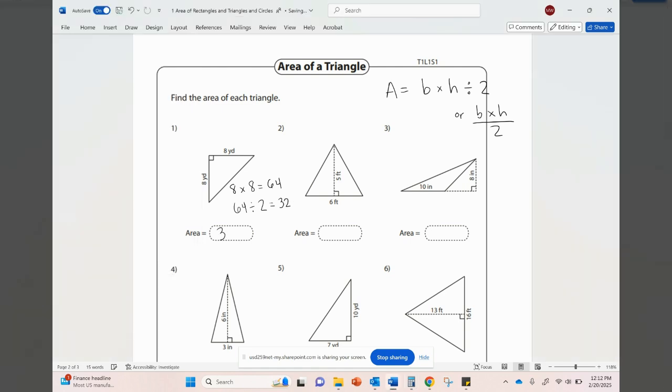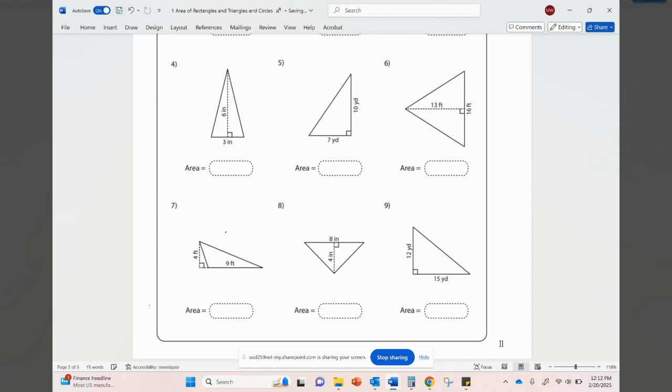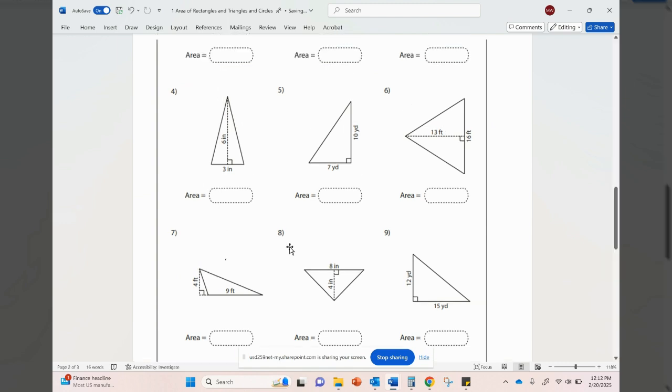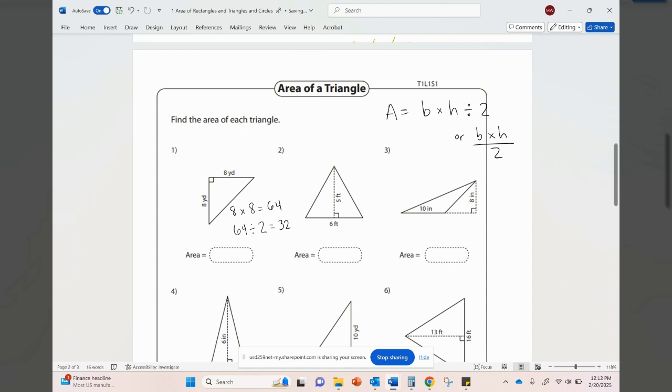So our answer is 32 yards, YD, with a little square. So it's base times height divided by 2.